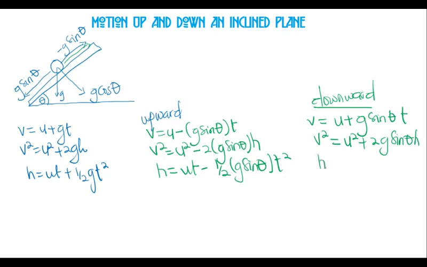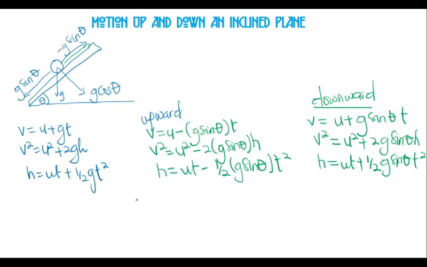Then h is equal to ut plus half g sin theta t squared. So these are the components that we need to take into consideration when we are looking at a body moving on an inclined plane.